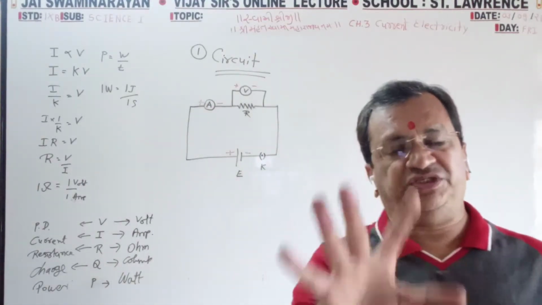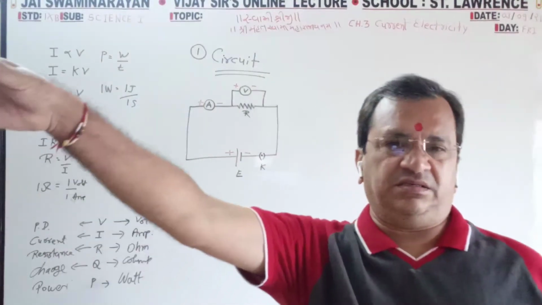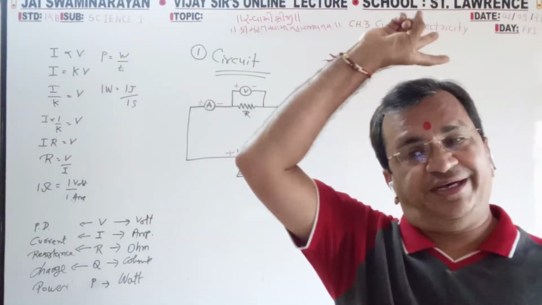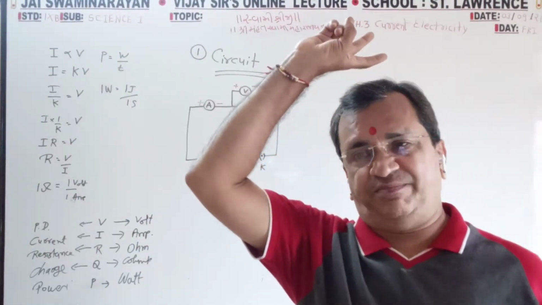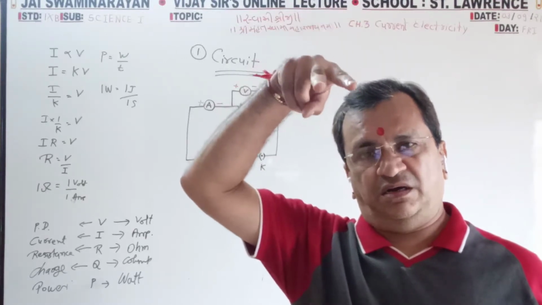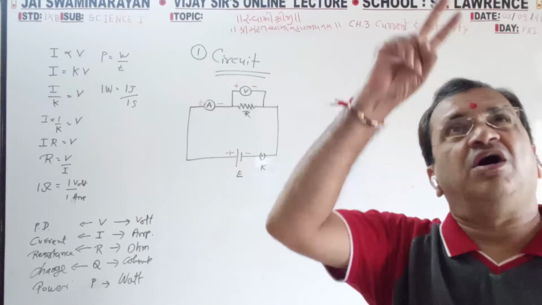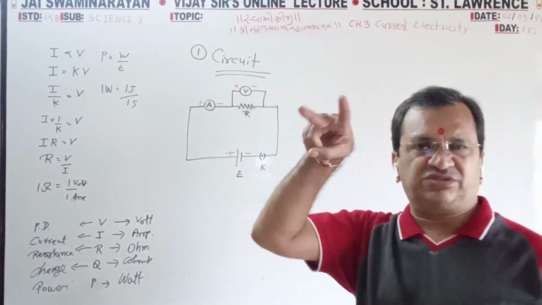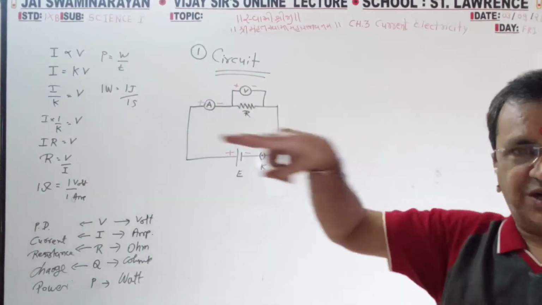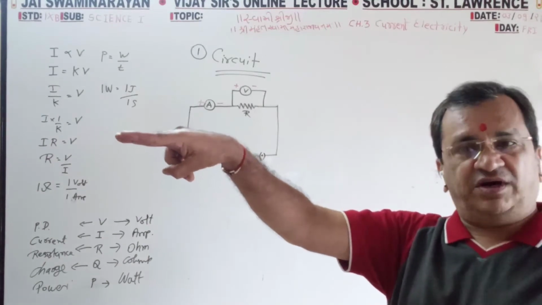How to give plus and minus according to the battery. See, at the start of this lecture I gave the example of a TV, or a bulb or fan, which has two terminals, two pins. If we put it like this and switch on, it will work.